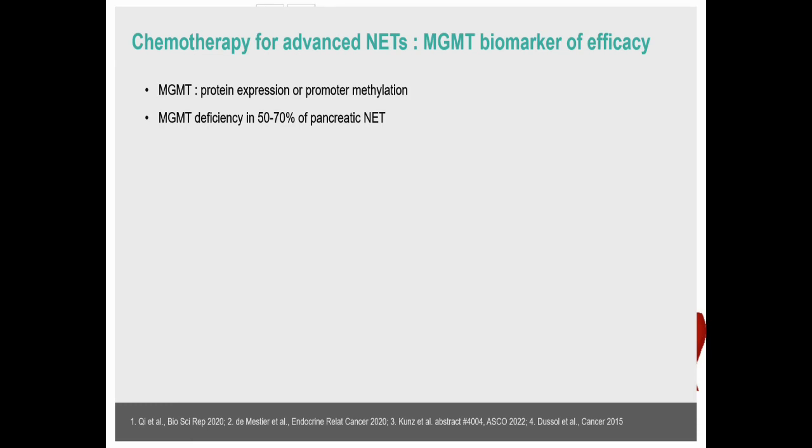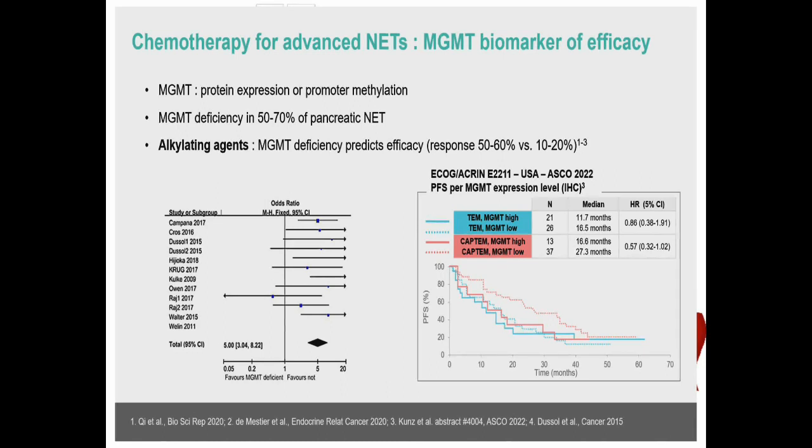And as you can see, there is an MGMT deficiency, which is of good, of course, prognosis, in more than half of the patients. And what we were able to show is that the PFS of the patients treated with temozolomide depends on MGMT expression. And the figures are evident.